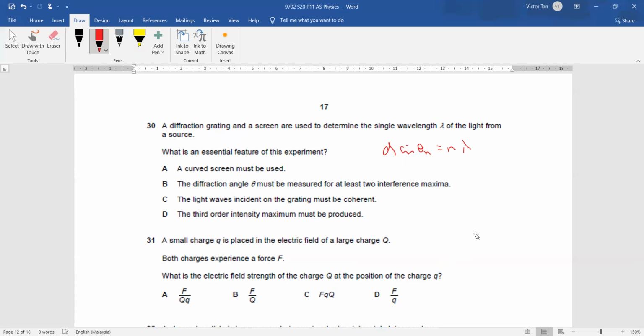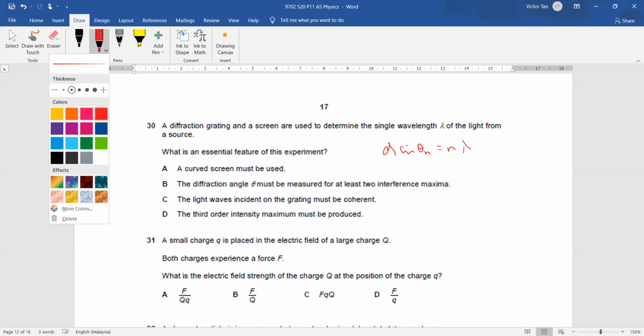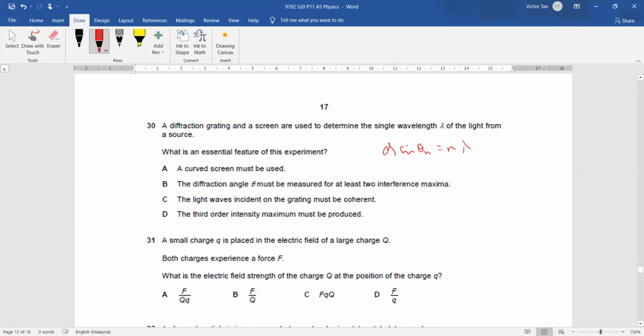This is a very, very tricky question. So sometimes it's not only about what is correct. Curve screen must be used is correct. Light wave incident on the grating must be coherent. Third order intensity maximum must be produced. This is not necessary.